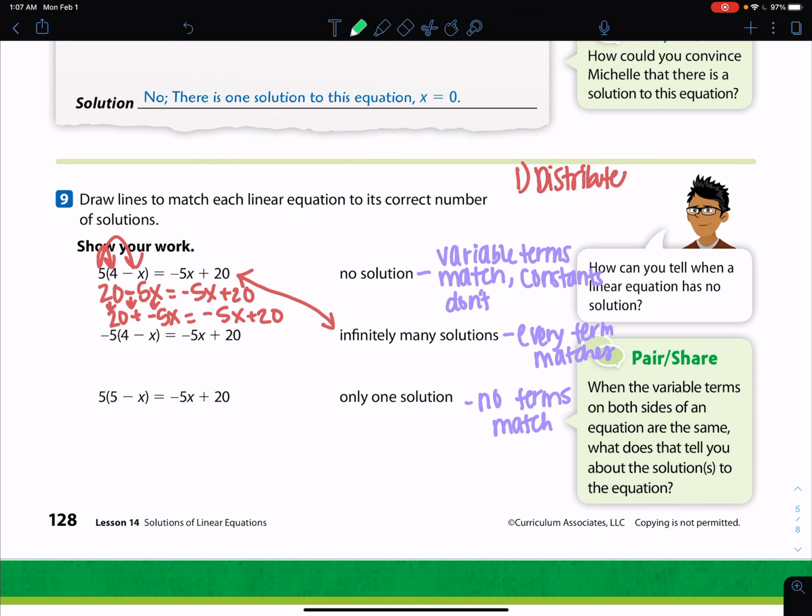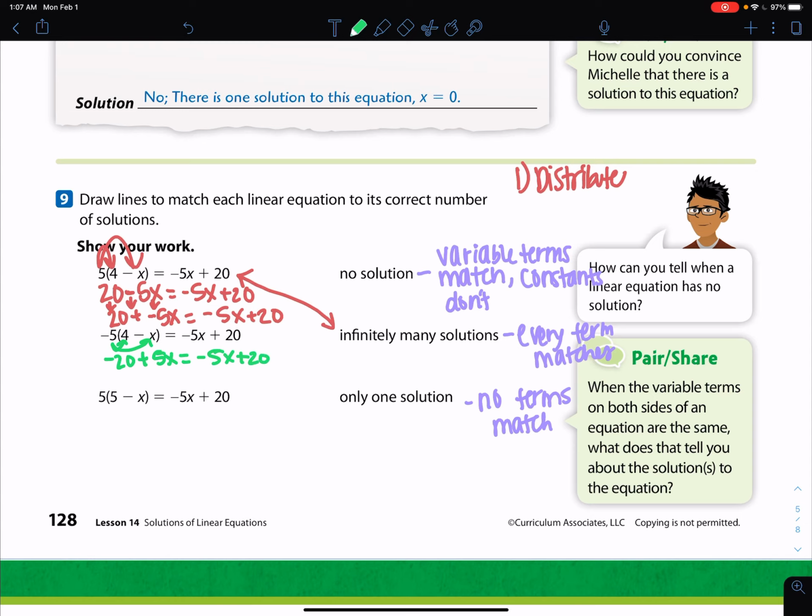All right, for the second one, same thing. I'm going to distribute on both sides. Distribute my negative 5 to all the terms inside my parentheses. So I'll have negative 20 plus 5x. I knew it was a plus because I'm doing negative 5 times negative x. And then I'm just writing down what I didn't touch.